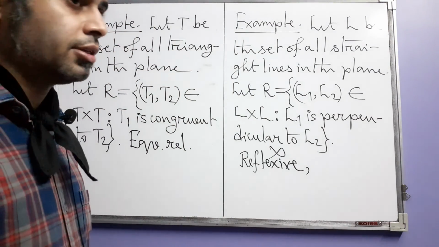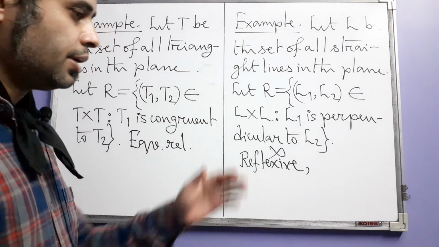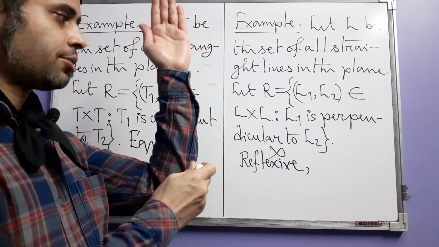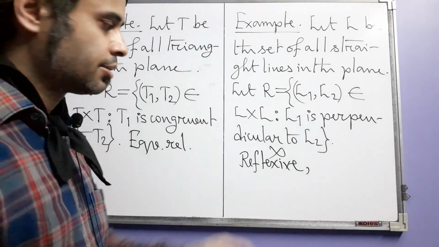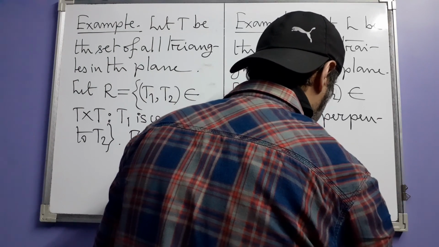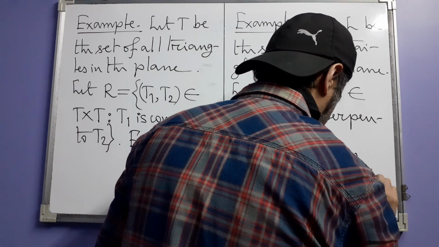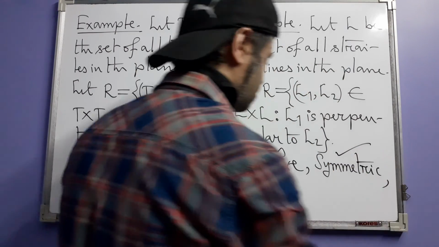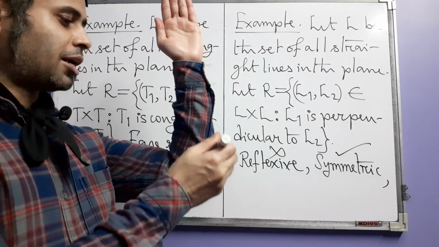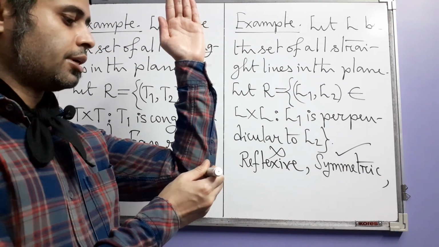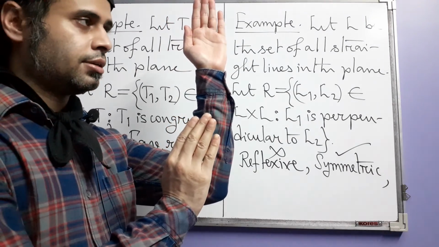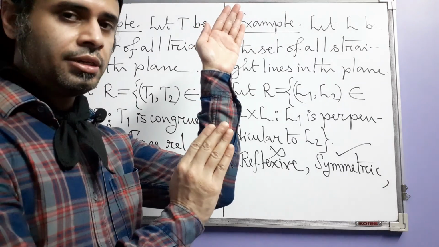Is it symmetric though? If L1 is perpendicular to L2, is L2 also perpendicular to L1? Yes. So the relation is, although it's not reflexive, it is in fact symmetric. Is it transitive? If L1 is perpendicular to L2 and L2 is perpendicular to some other line L3, are L1 and L3 perpendicular?